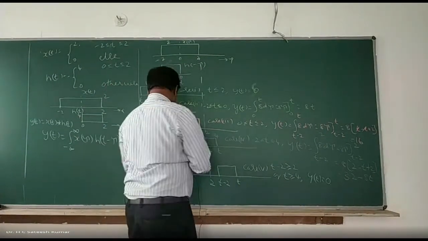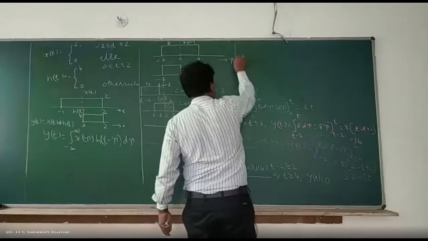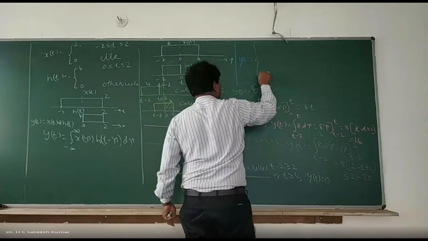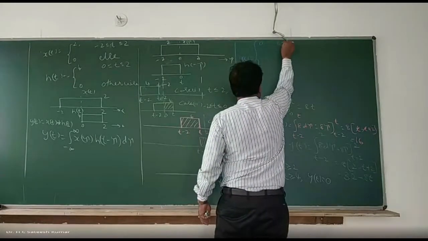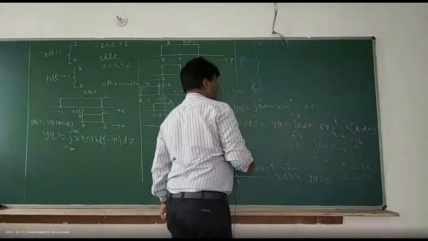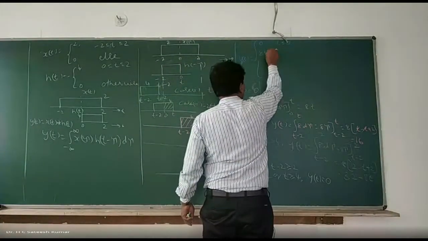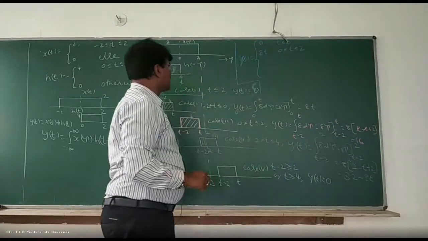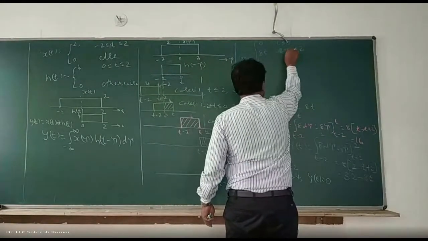Go for that. So we can go for writing the summary. y of t is equal to, first case is what? 0 for t less than or equal to 0. Second case is what? 8t for t lies between 0 to 2, sorry, 8t for t lies between minus 2 to 0.